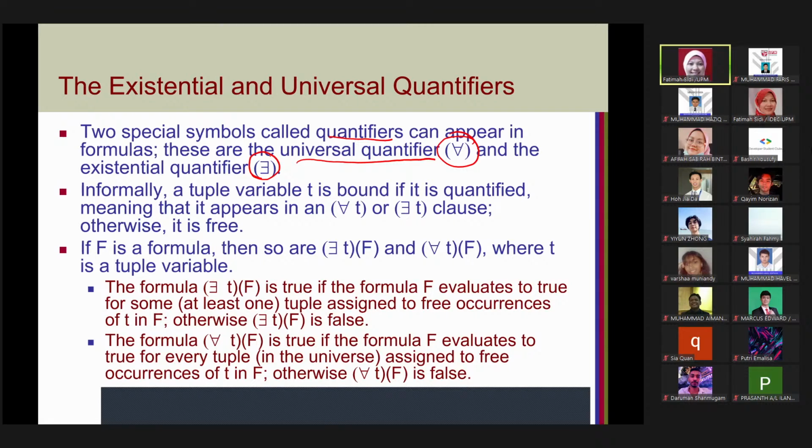The tuple variable T is bound if it is quantified, meaning that it appears in a universal quantifier T or existential quantifier T. Otherwise, it is free.